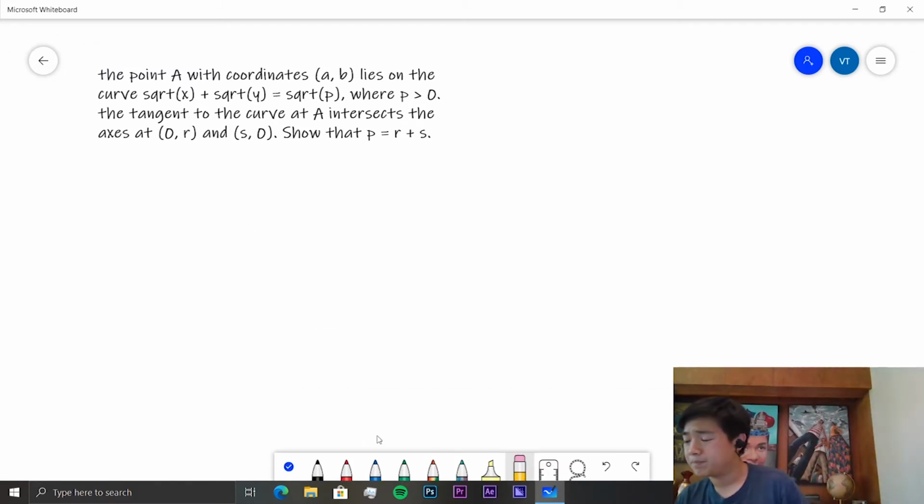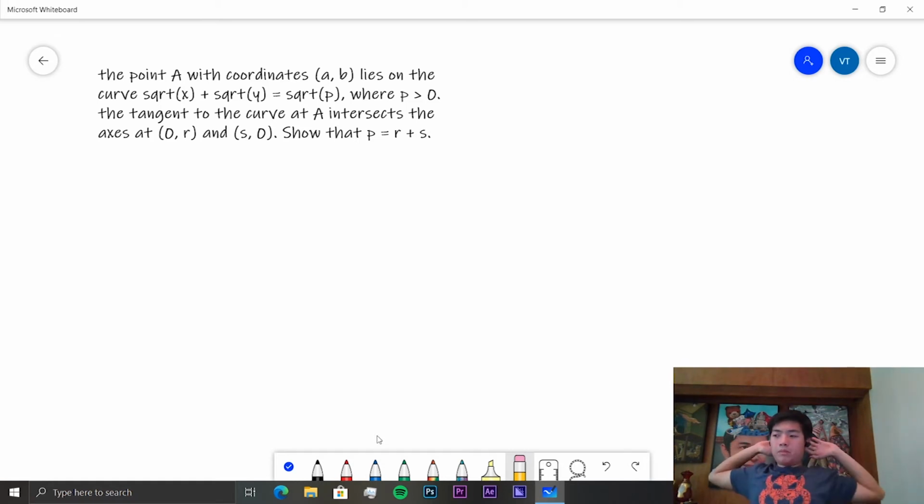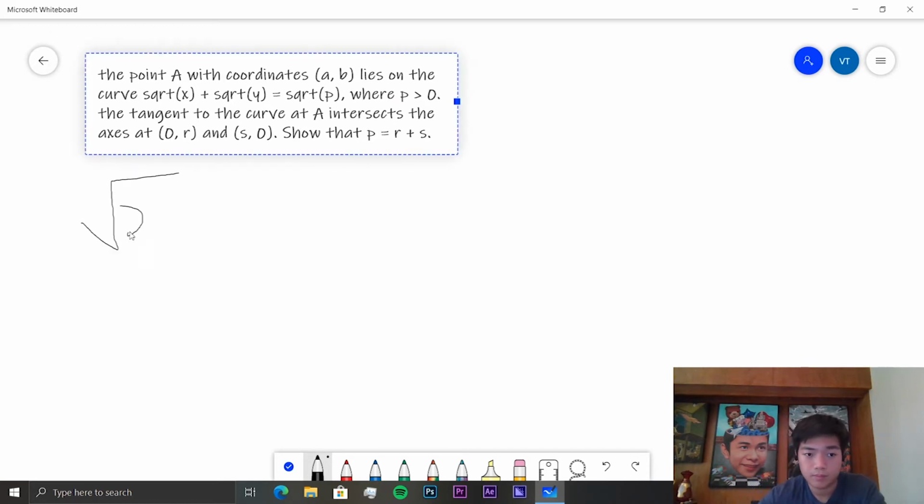So, the tangent to the curve at A intersects the axes at (0, r), (s, 0). Okay, so I guess we have to get the derivative of this. So we have root x plus root y is equal to root p.